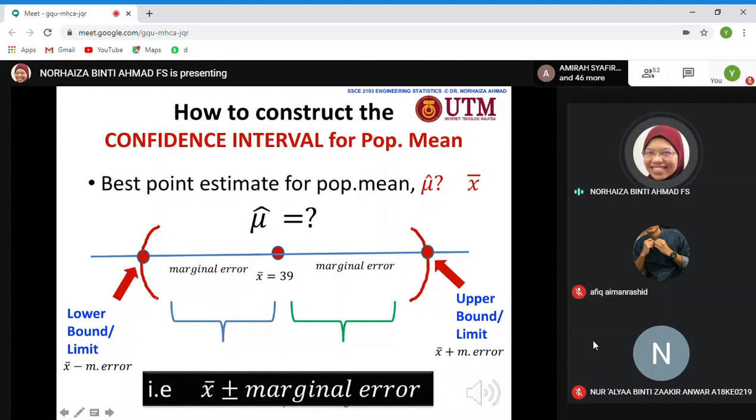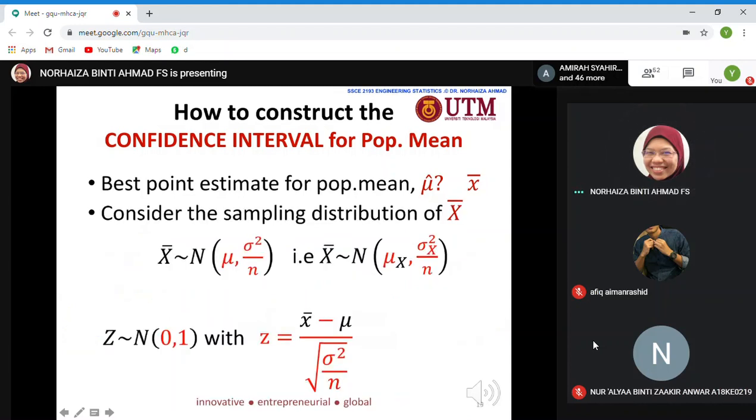So therefore we need to calculate this. So how do you calculate the marginal error in order to get the lower and upper limit? Okay. So the best point estimate for the population mean is X bar. So therefore we can use the sampling distribution of X bar, which you have learned in chapter 2, where X bar has a normal distribution with mean mu and a variance of sigma squared over n.